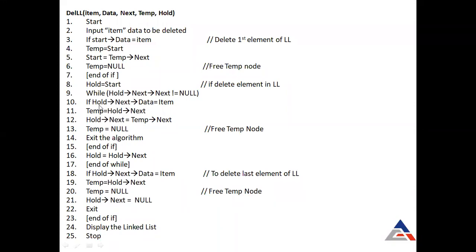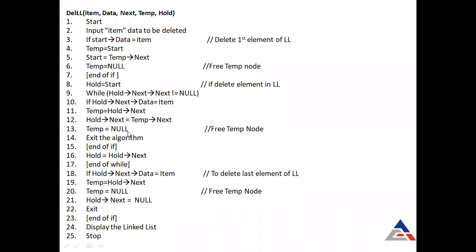So temp holds the address of the second one. Then hold of next is equal to temp of next. What is hold? Hold is start. It means the starting point's next value now joins to temp of next. What is temp? Temp means the second node, the second node having a particular value of next element. Now that value will become the next element of the first node, and temp becomes null.